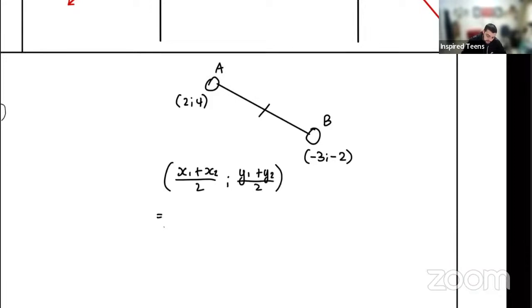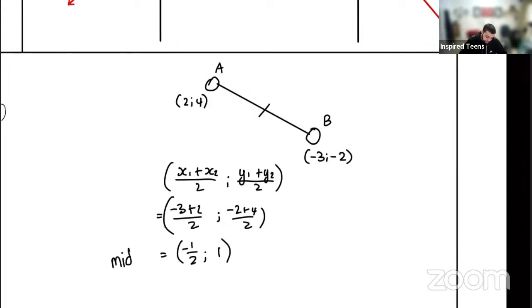So here you're going to get -3 plus 2 over 2 and -2 plus 4 over 2. So here you're going to get -1 over 2. And yeah, you're going to get 1. So that's basically how you can calculate the midpoint of AB.